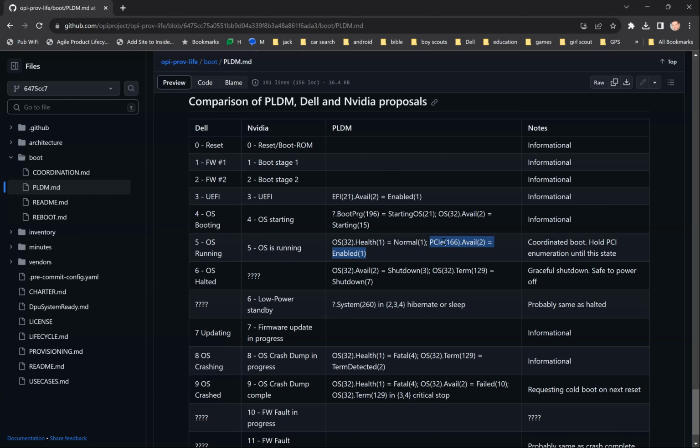So it might be a good idea to create another attribute or another entity similar to OS, which is like an emulated PCIe device service or something like that. And once it hits the normal state, you can know that either it's not present, meaning I don't need to wait on it, or it's present and I'm waiting for it to hit a normal state so that I know that, okay, emulated PCIe devices are available. I can go ahead and boot.